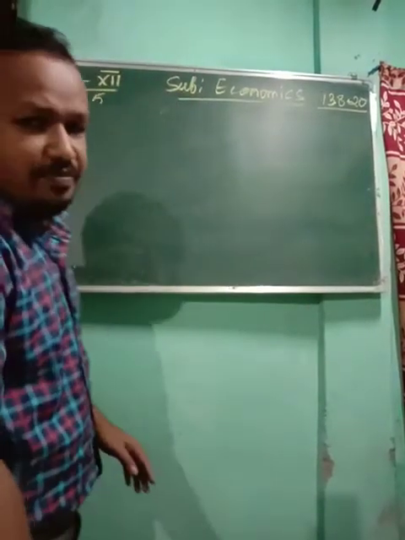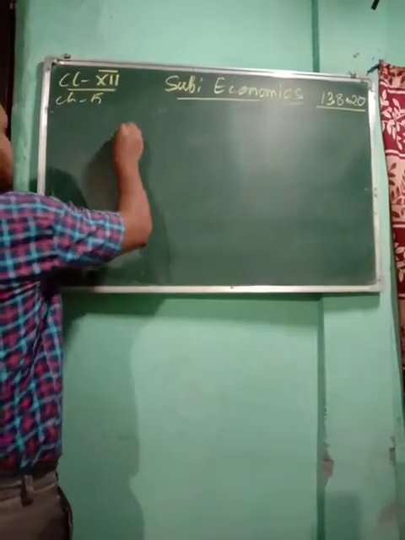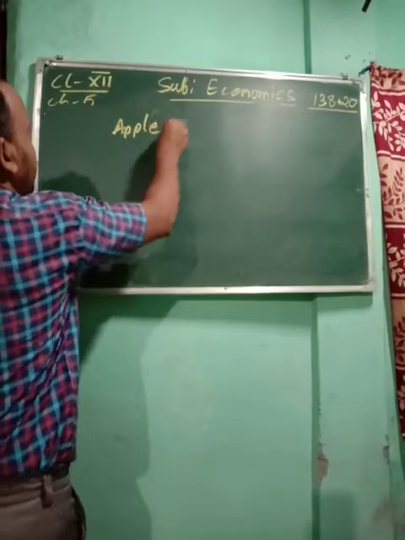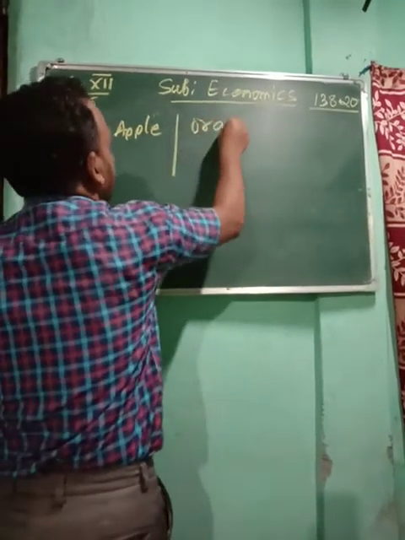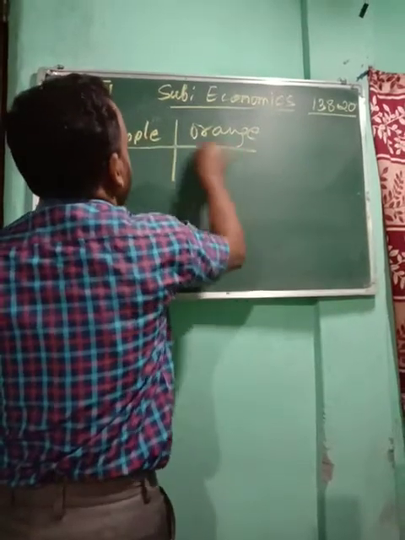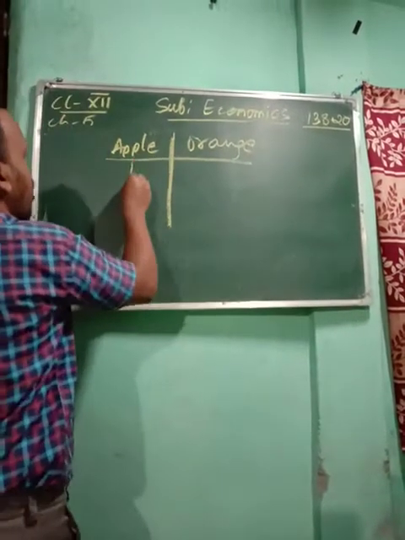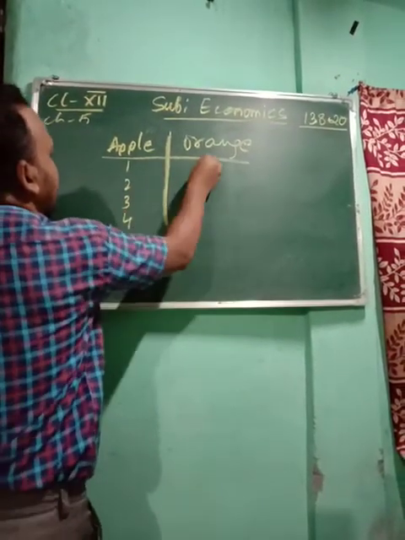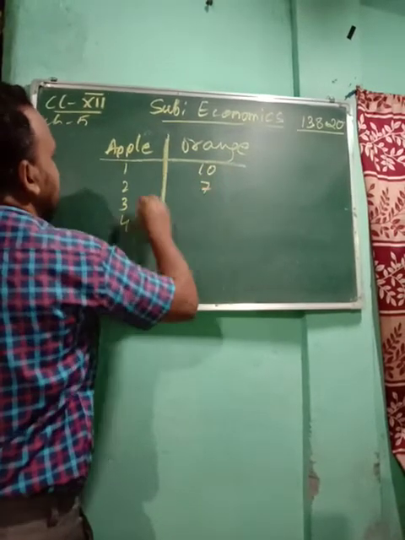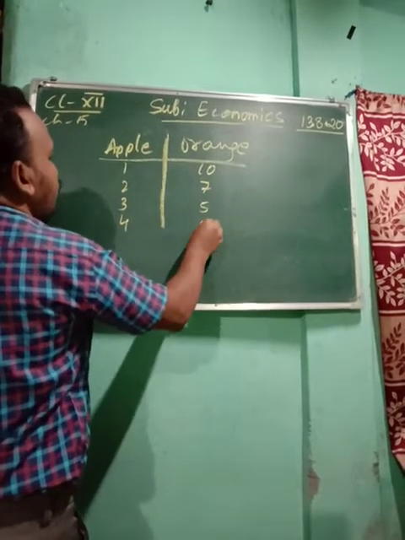Just now we have seen an example of apples and oranges: 1, 2, 3, 4 and 10, 7, 5, 4.